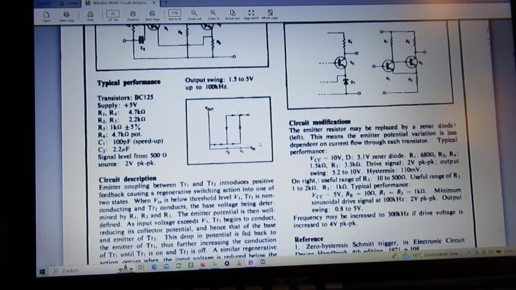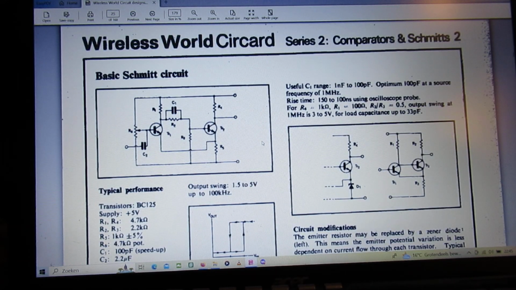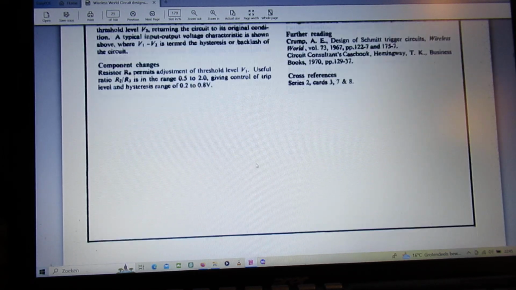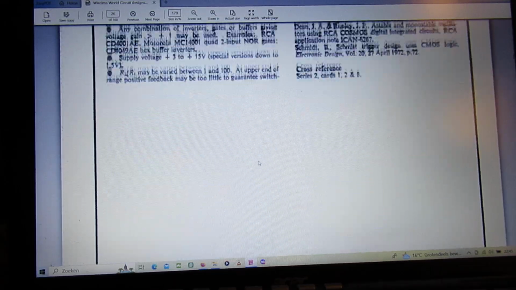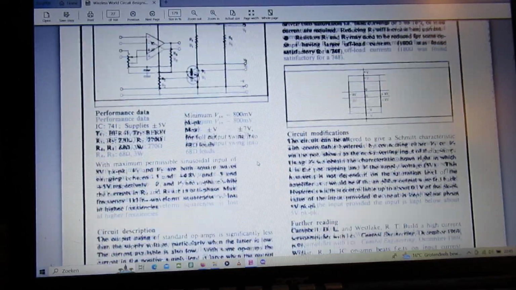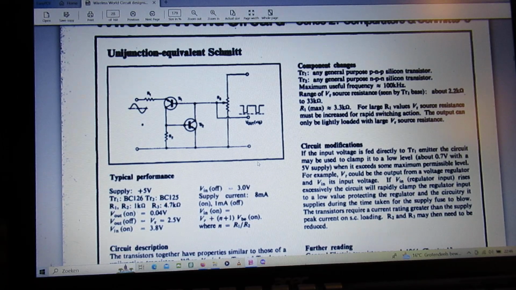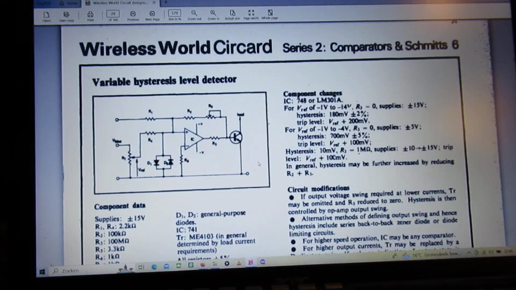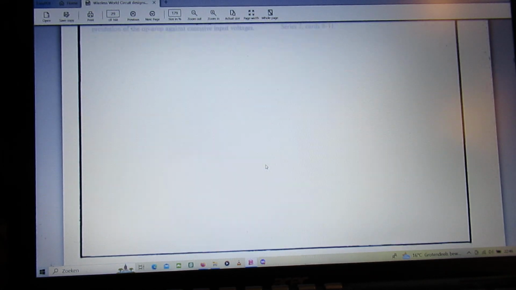Well, that's also an important thing. Anyway, I will again skip and skip. Perhaps I can find another circuit that is perhaps interesting. I don't want to pay attention to that now.